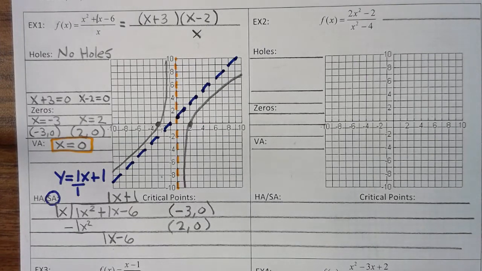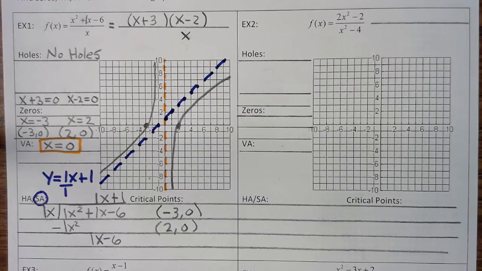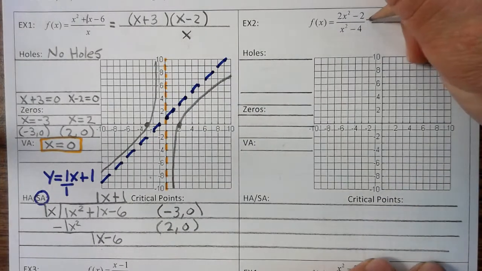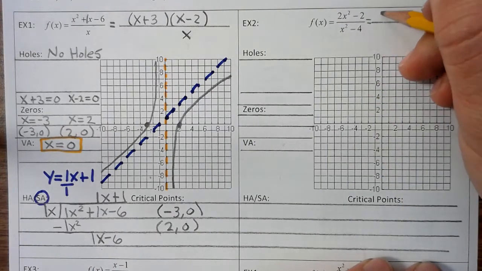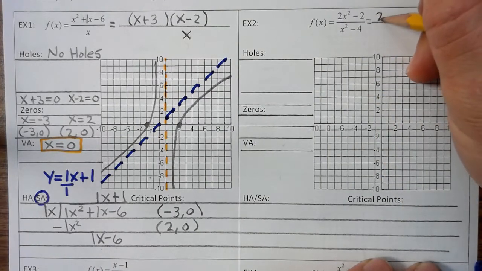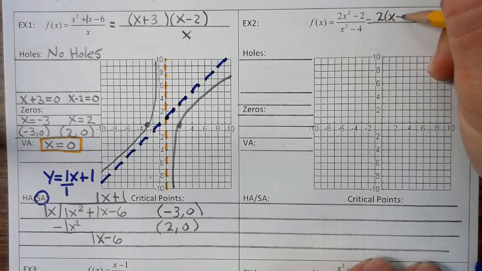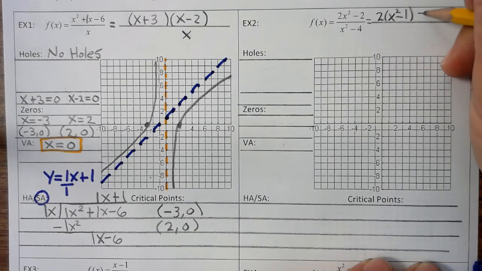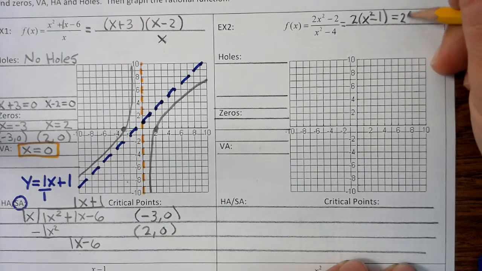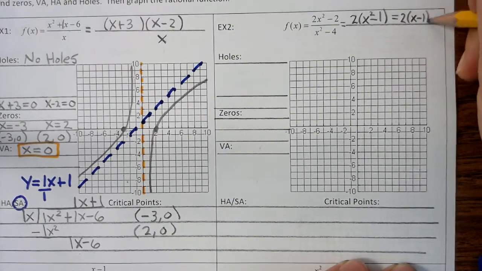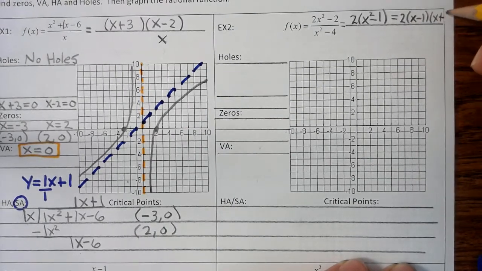All right, so now let's take a look at example 2. Again, our step 1 is we want to factor the expression. So it looks like we can factor 2 from here. And so then we have x squared minus 1, which can be factored out to 2x minus 1, x plus 1.